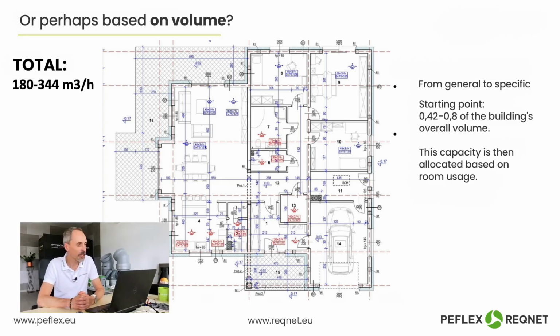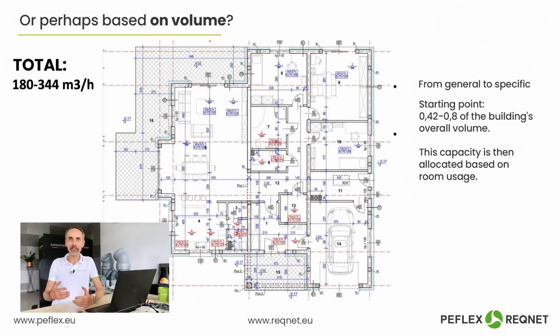For this particular example, we have values ranging from 180 to 344 cubic meters of air. So now, having these three options, two based on the law and the third being a generally accepted engineering method, we're operating between 230 and 344 cubic meters of air per hour. Taking into account the number of people in the building, the optimal solution would be 288 cubic meters of air.